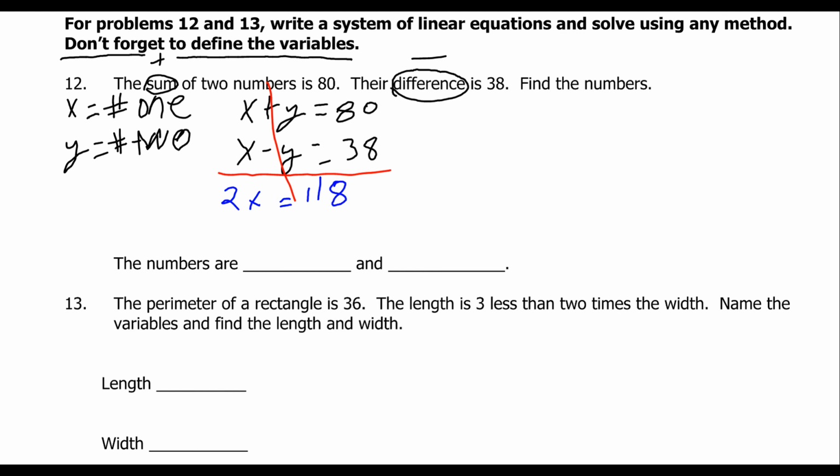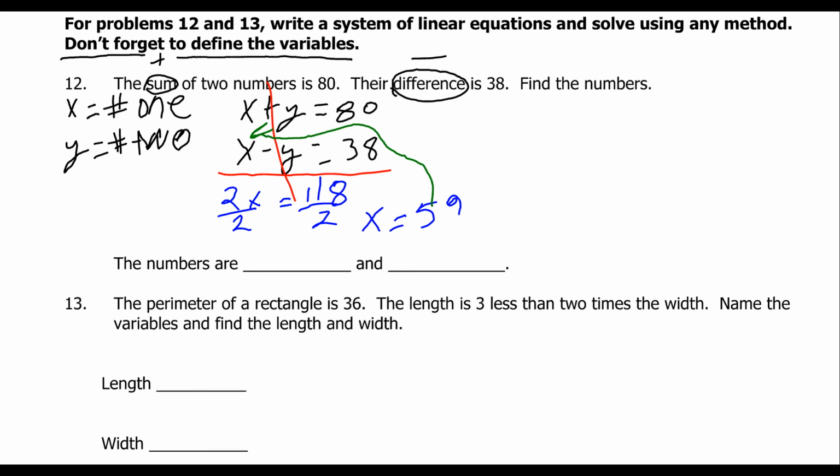Okay? Now, I divide each side by 2, and I've got x equals, that's going to be 59. All right? So, I've got x equals 59. Okay, I can take that 59 that I just came up with, and I can plug it back in right in there. Okay?